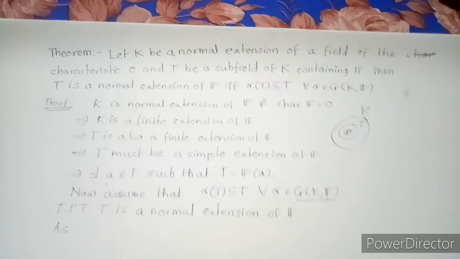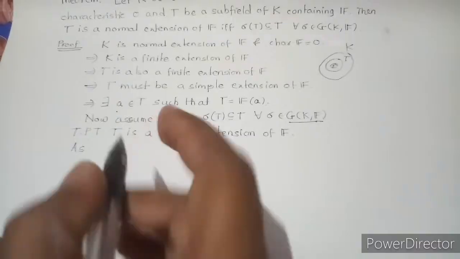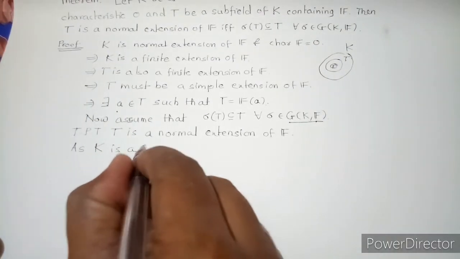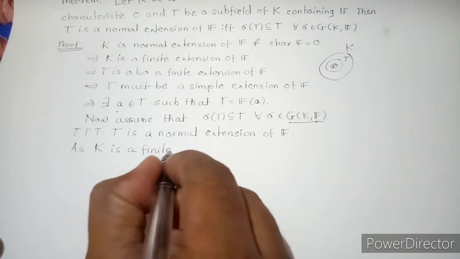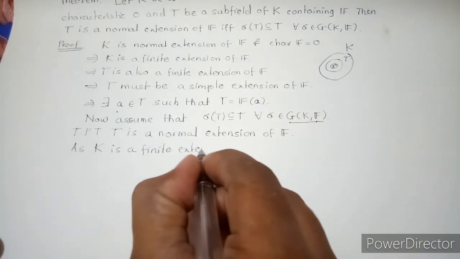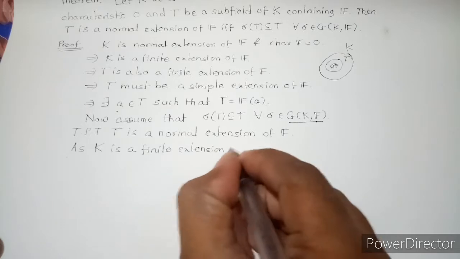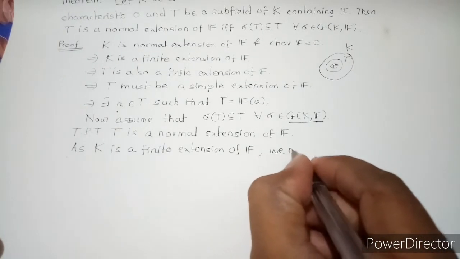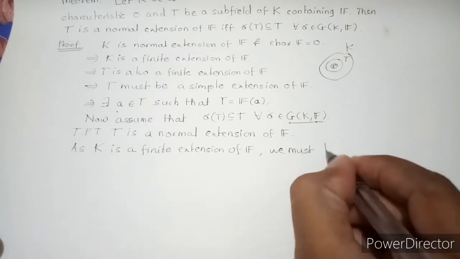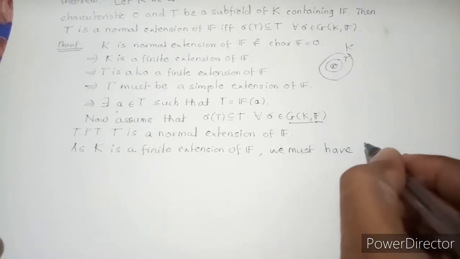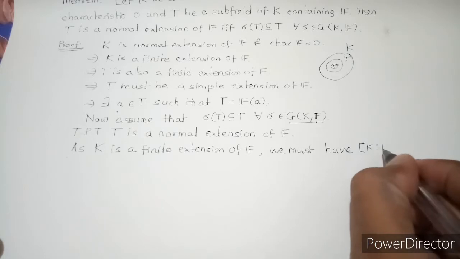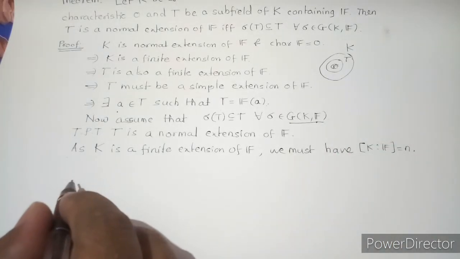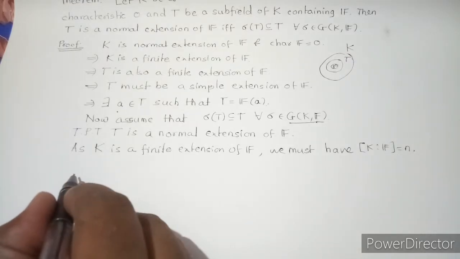As K is a finite extension of F, we must have degree of K over F equal to n, some finite number.